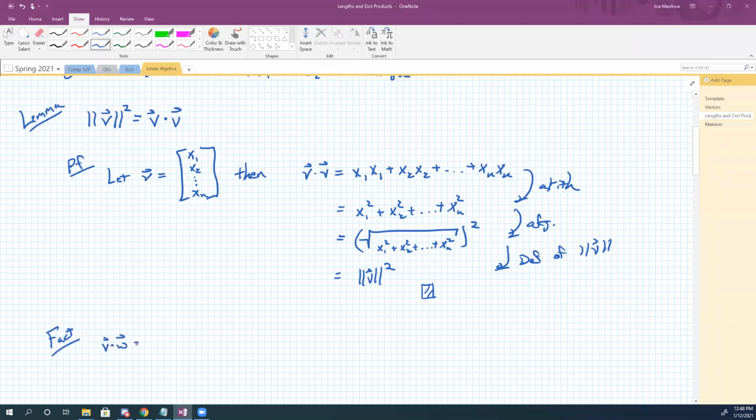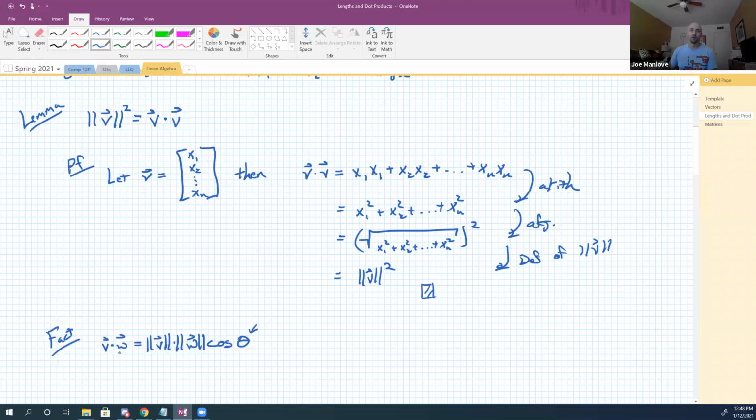The cosine of the angle between two vectors multiplied by the magnitude is... So the dot product of two vectors is the product of the magnitudes times the cosine of theta, where theta is the angle between V and W. Good with that?